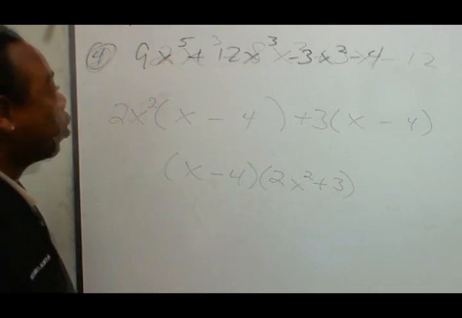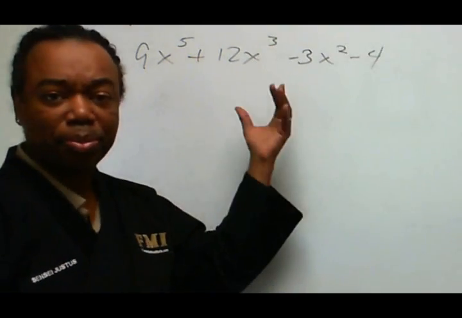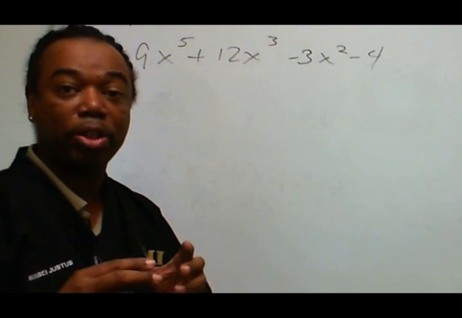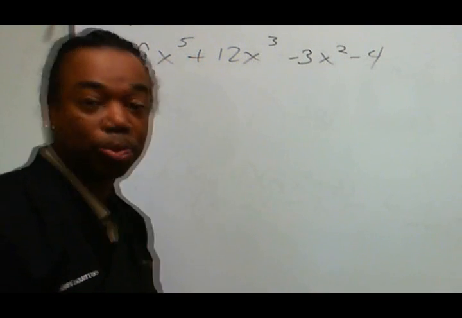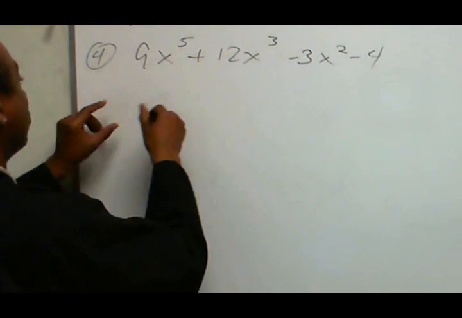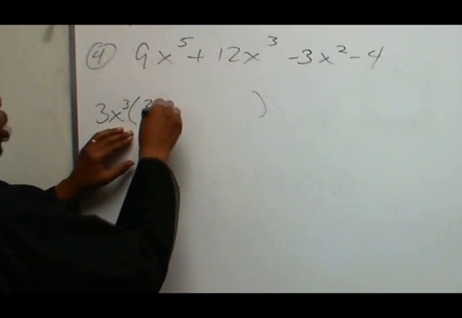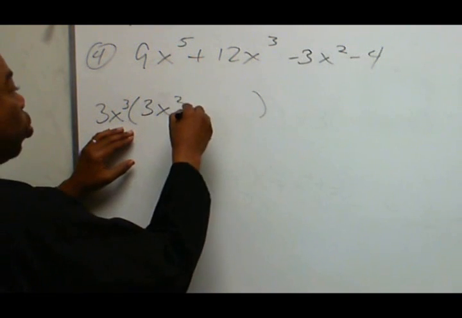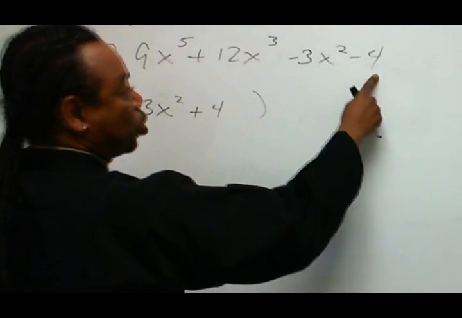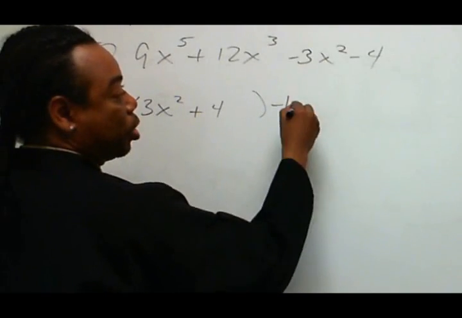Okay. Number 4. We want to factor this. Again, there's no greatest common factor in the entire problem, so we're going to take out the greatest common factors, or GCFs, out in groups. So this group right here, the GCF would be a 3x cubed. So this used to be 3x cubed times 3x squared plus 4. The greatest common factor of these two, because it leads with a negative, will be negative 1.